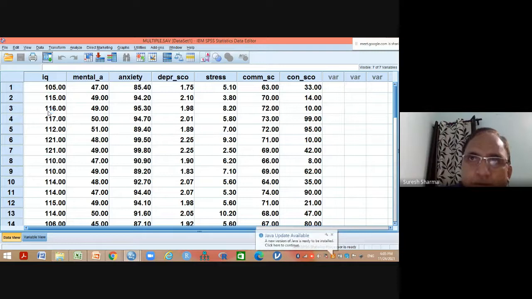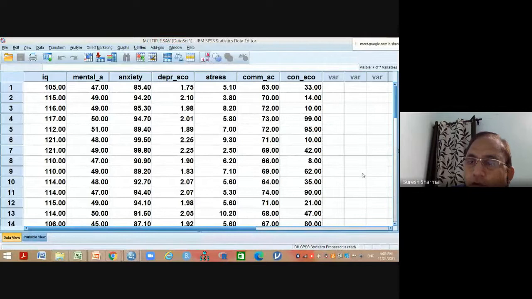If I perform the stepwise regression, then only those variables are retained in the model which are making a significant contribution to predict your IQ. And those which are not making a significant contribution will automatically be dropped out of the model. And this is done by another technique which is called stepwise multiple regression. Is this clear what I'm saying?